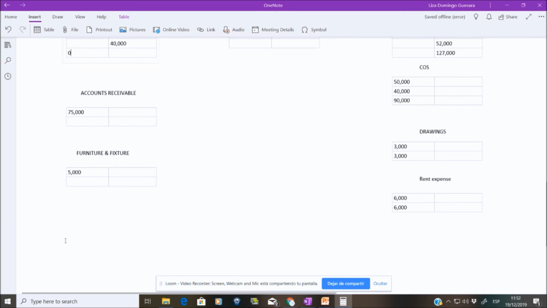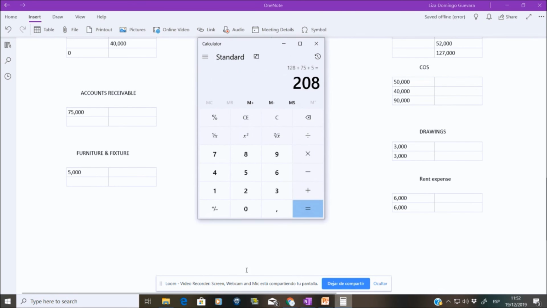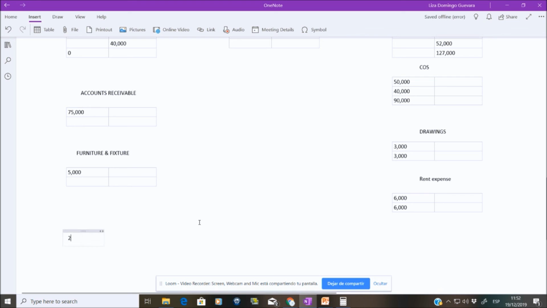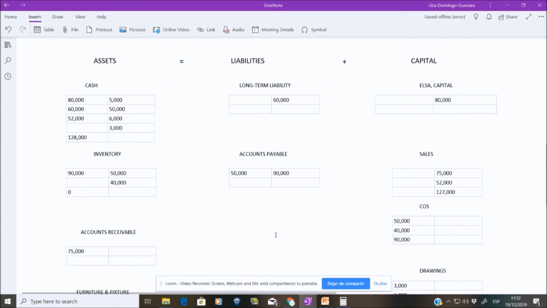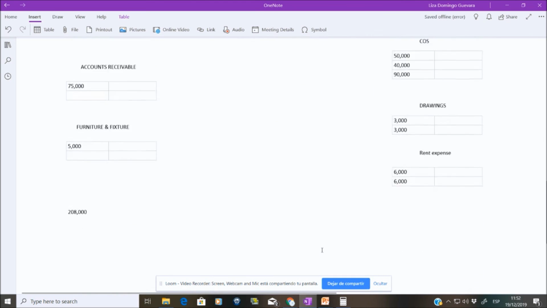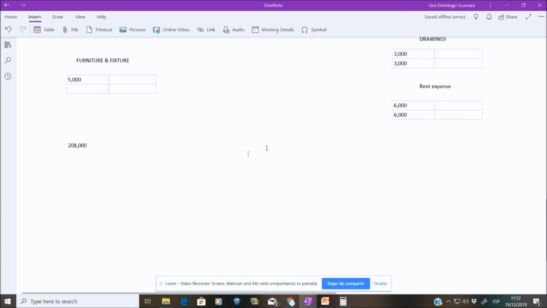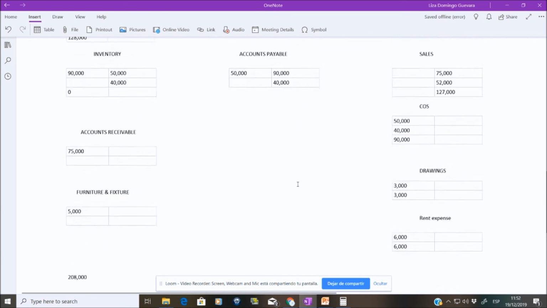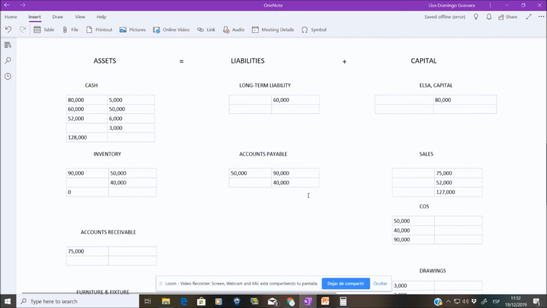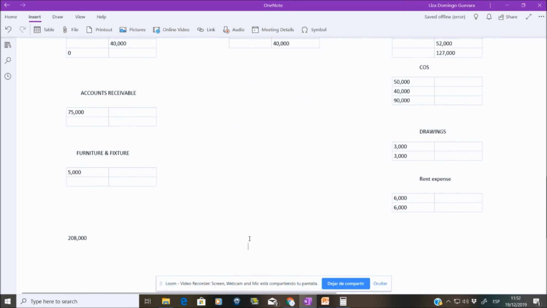So you have a total of 208,000 total assets. So your liability is, your accounts payable is 40,000. So 60 for long term and 40 for accounts payable. So your liability is 100,000.